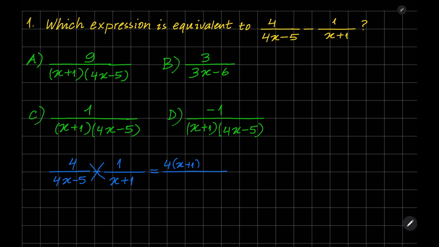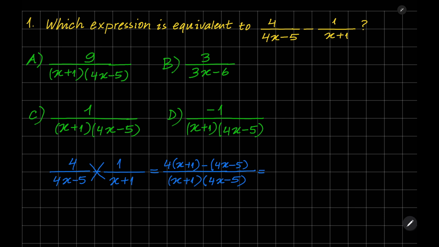4 times x plus 1 minus 4x minus 5, divided by x plus 1 times 4x minus 5.